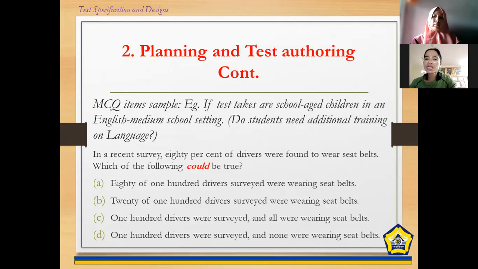A, 80 of 100 drivers surveyed were wearing seatbelts. B, 20 of 100 drivers surveyed were wearing seatbelts. C, 100 drivers were surveyed and all were wearing seatbelts. D, 100 drivers were surveyed and none were wearing seatbelts. This is about the MCQ item sample. Next.